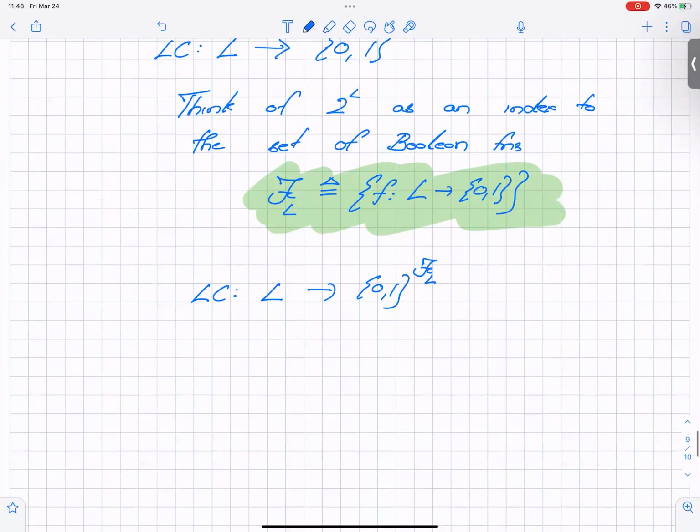What does that basically map? I'm going to map a string A to f of A.